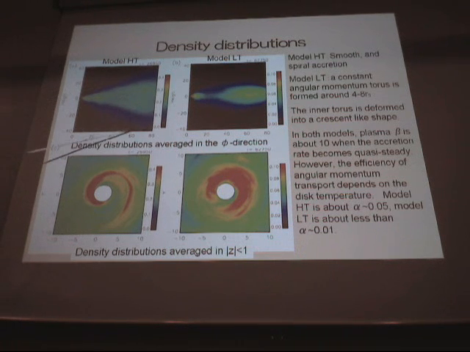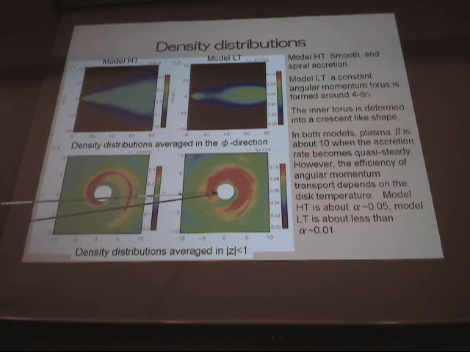In the high temperature model, the disk becomes very smooth, and matter accretes in a spiral. But in the low temperature case, a constant angular momentum torus is formed around 4 to 10 Schwarzschild radii. And this inner torus is sometimes deformed into a crescent shape.